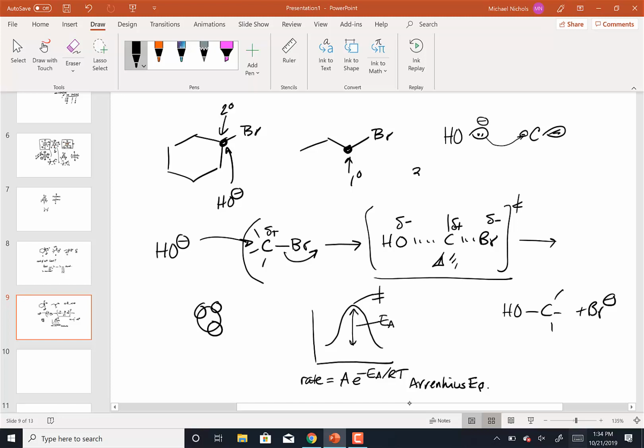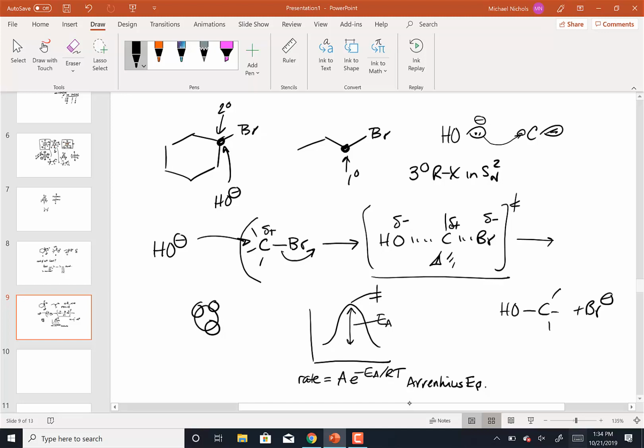What about tertiaries? What happens to a tertiary alkyl halide in SN2? Can a tertiary halide undergo an SN2 reaction? No. Right?